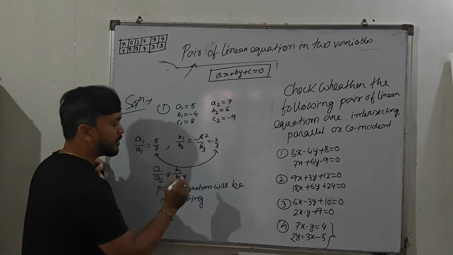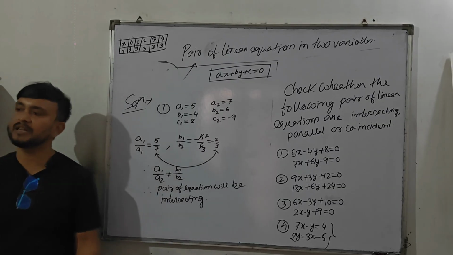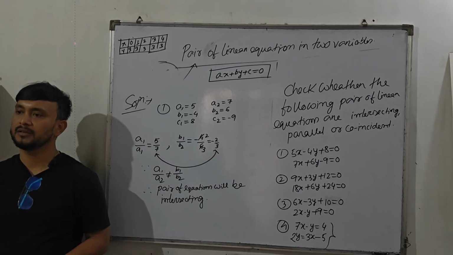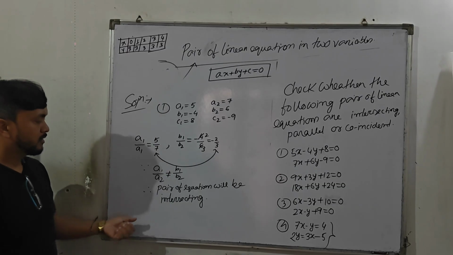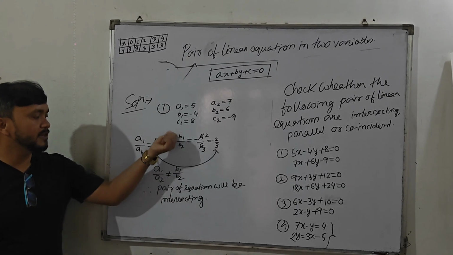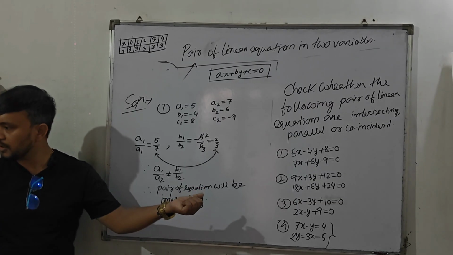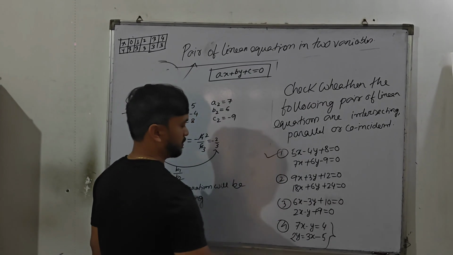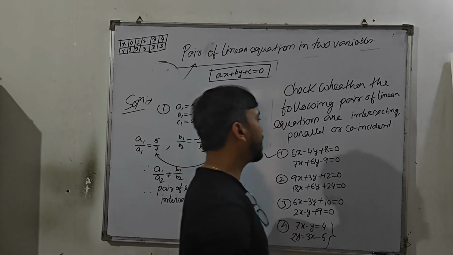If pair of equations are intersecting, then how many solutions will be there? One solution. Unique solution. First question. Next, number 2, put it down.